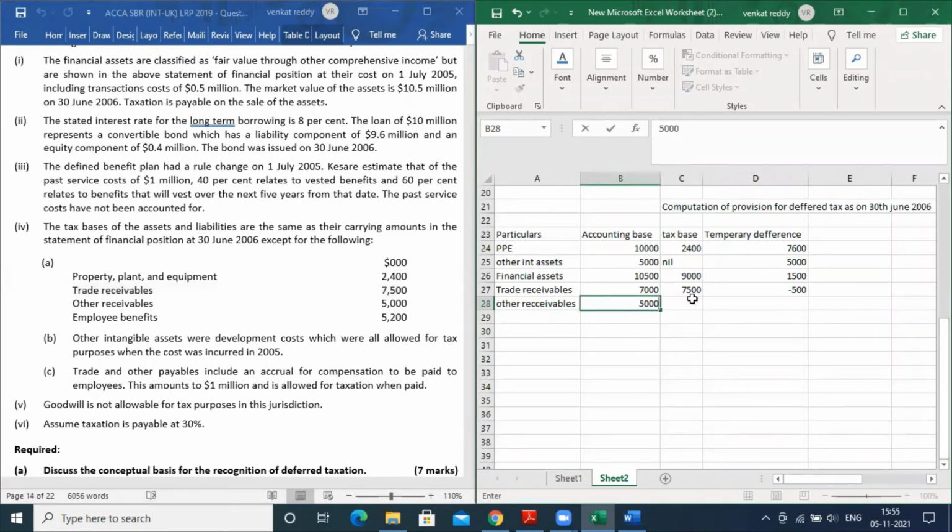So in this case also, the tax base amount is more, so we'll be showing it in line.